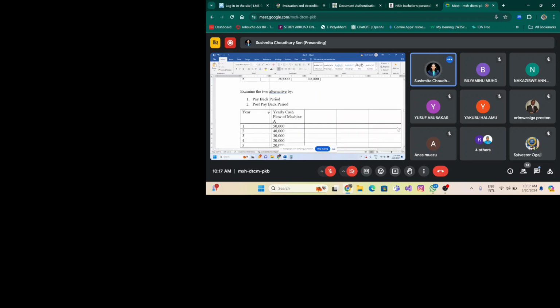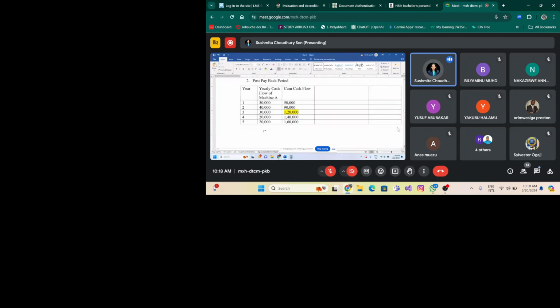After this I need to calculate the cumulative cash flow. How to calculate it? The first year my earning is 50,000. At the end of the second year, my earning is going to be 50,000 plus 40,000, which is 90,000. In the next year, my earning is 30,000, so 90 plus 30 is 1,20,000. After the fourth year, 1,20,000 plus 20,000 is 1,40,000.